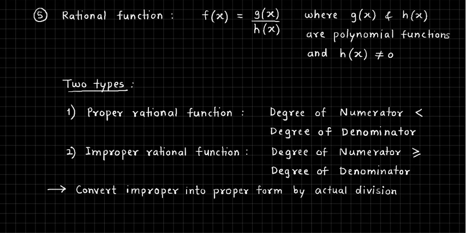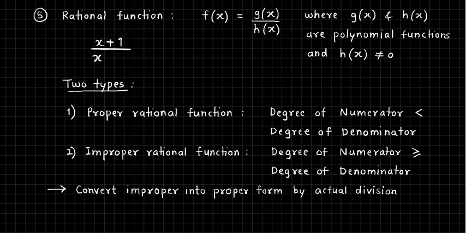Suppose we have x plus 1 whole divided by, let's consider some polynomial which is of higher degree. So now the numerator is x plus 1, that means it is linear and hence it is degree 1. Right?